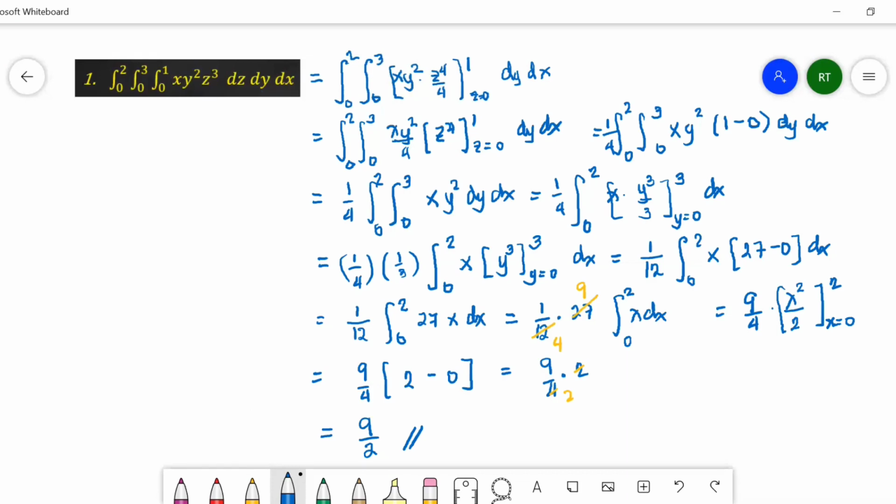So we were able to do the iterated integral. We evaluate the innermost, then the next innermost, and then the outer integral. So I hope that you were able to follow the evaluation of the triple integral.